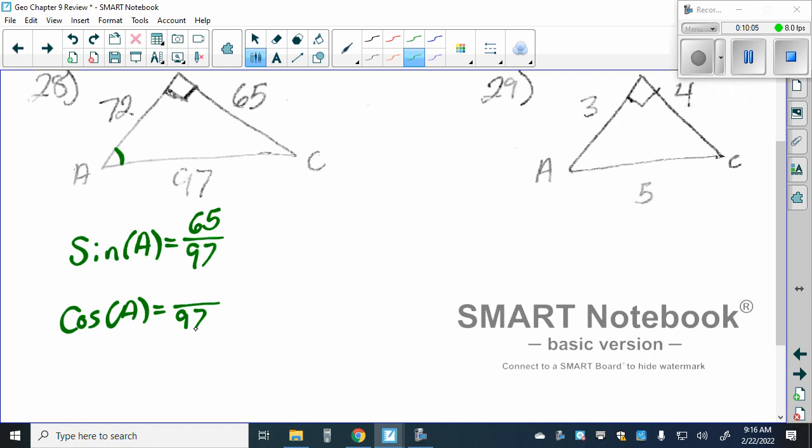So well, we know the hypotenuse is still 97. So it would be 72. And lastly, tangent of A, opposite side over the adjacent.